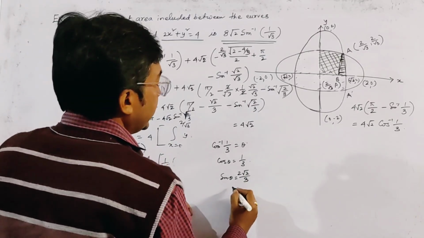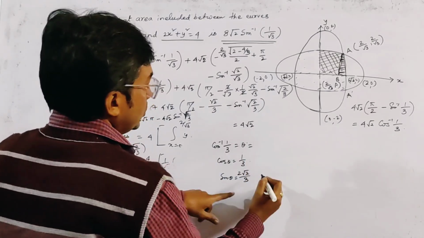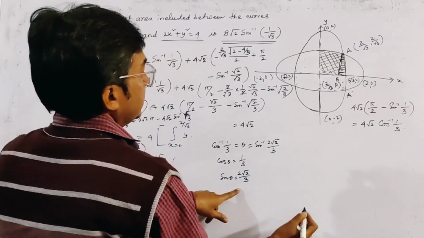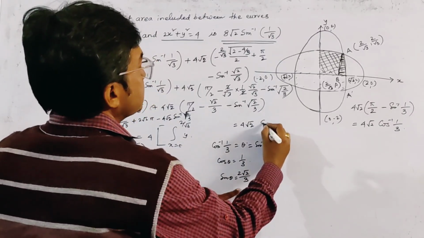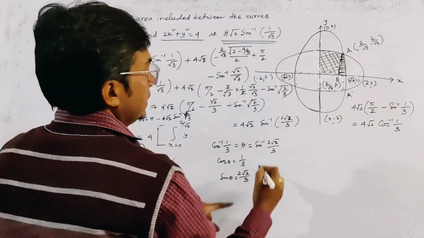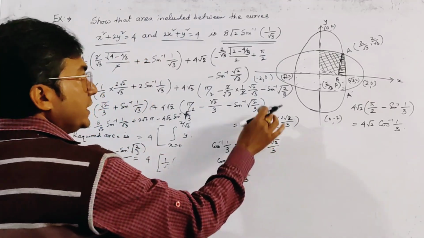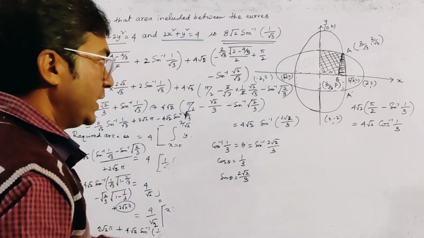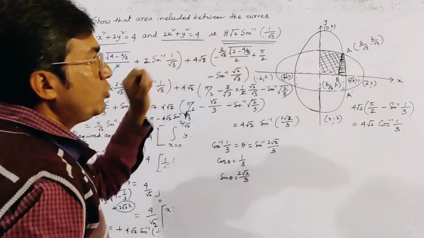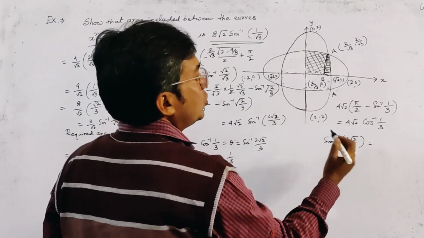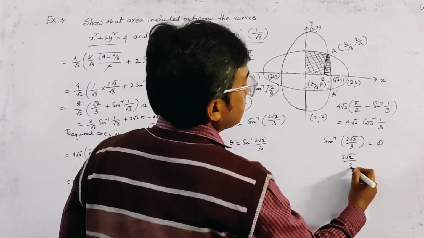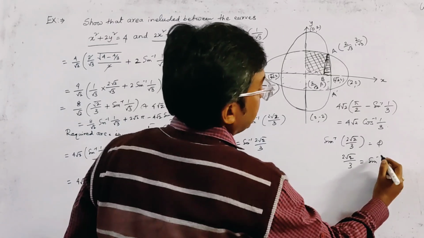So theta is equal to sin inverse 2 root 2 by 3. But this result is also not in the given form, so we put sin inverse 2 root 2 by 3 as phi. So we get 2 root 2 by 3 equal to sin phi.